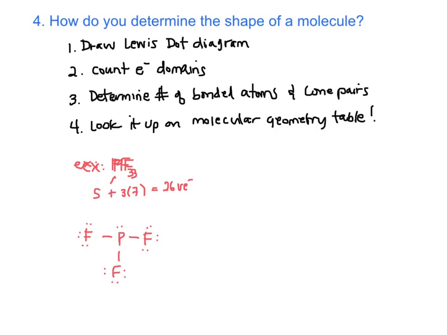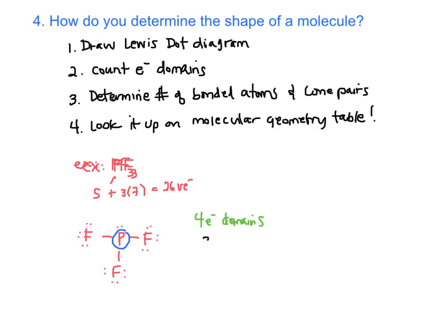The second thing you're going to do is count the electron domains. So around our central atom, remember, so here's your central atom, phosphorus, and there are 1, 2, 3, 4 electron domains around your central atom. And then the next thing you're going to do is determine if those domains are bonded or if they're lone pairs, and that's pretty easy from your Lewis dot structure. You can see that there are 1 lone pair and 3 bonded.